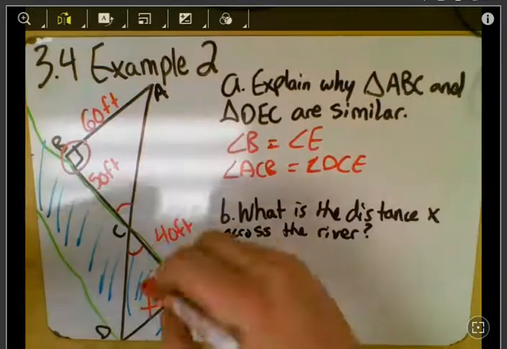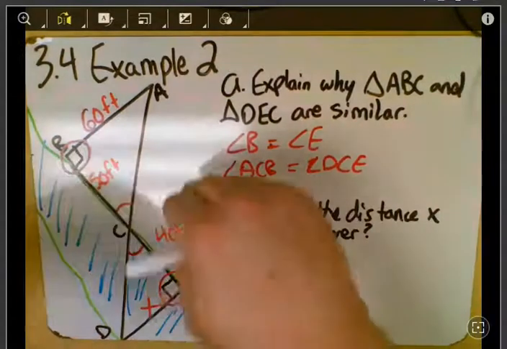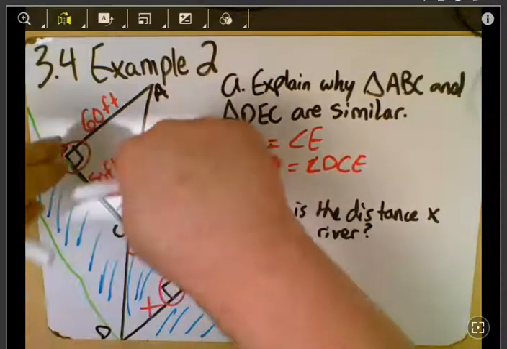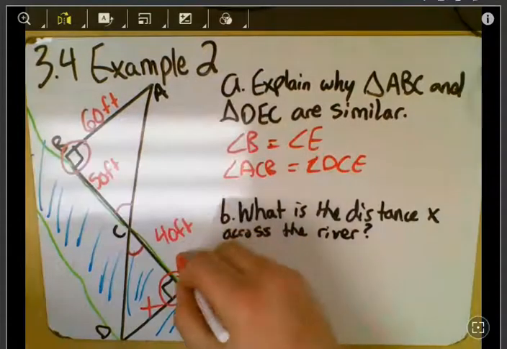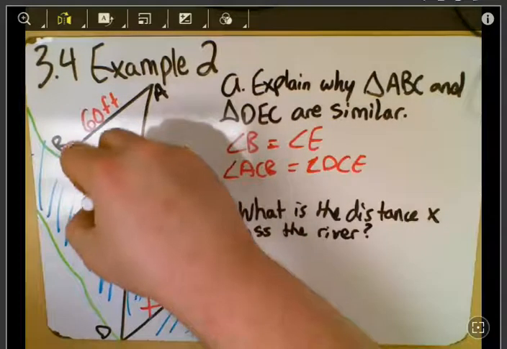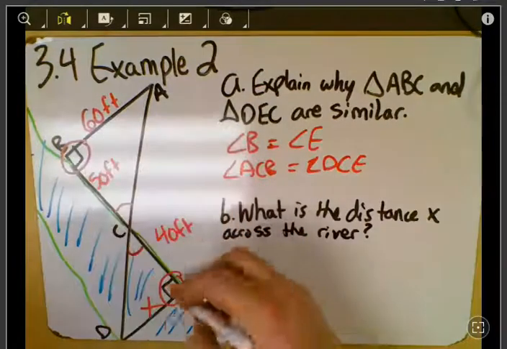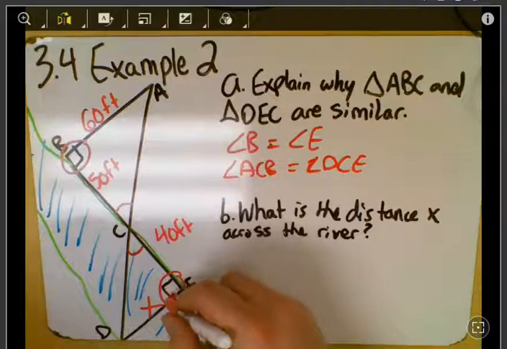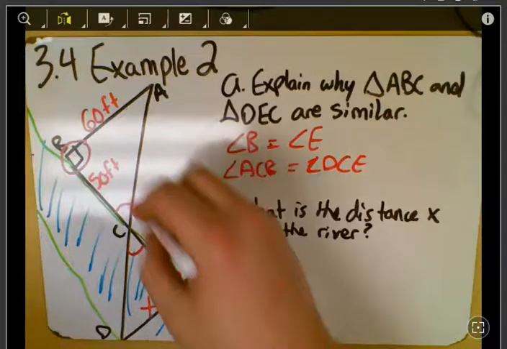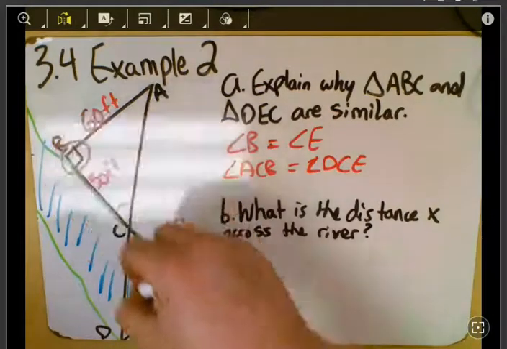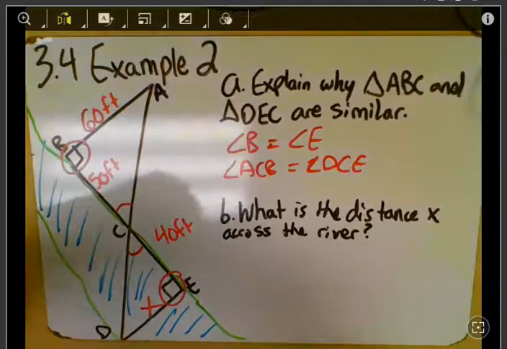So we line these sides up so that they correspond with each other. This 40 foot here would correspond with this 50 foot here. And we need to make sure it makes sense geometrically, so we line them up where these 90-degree angles are.